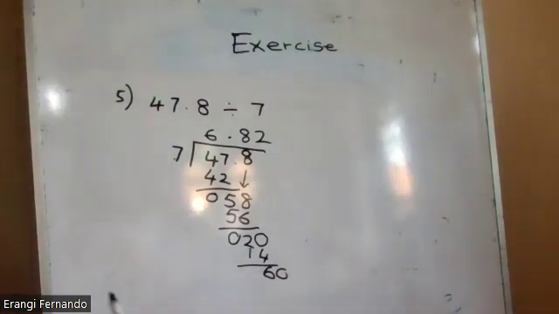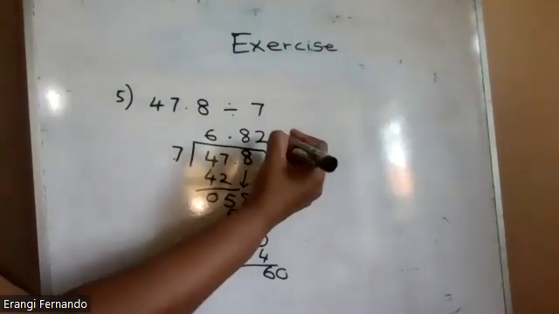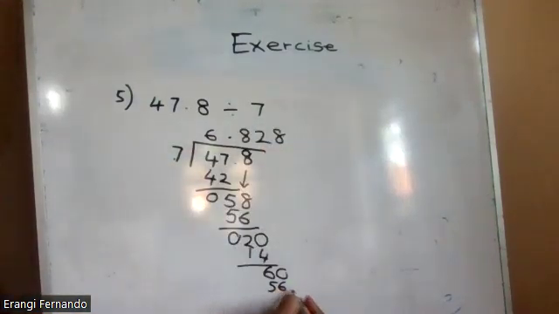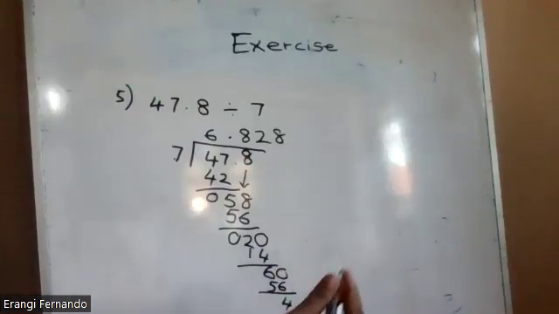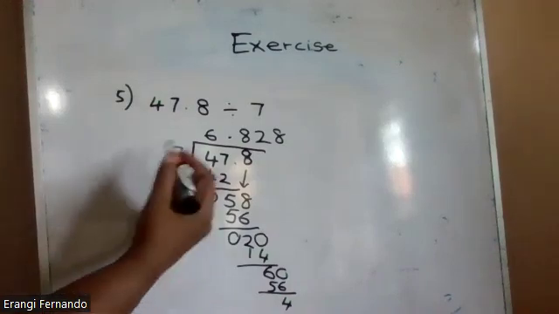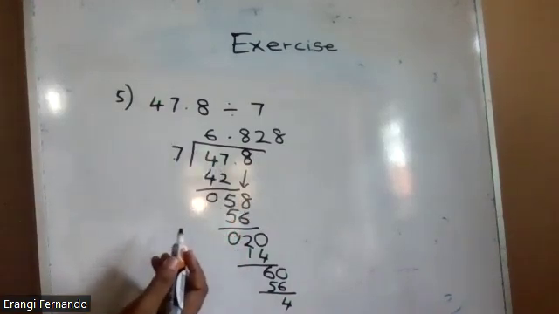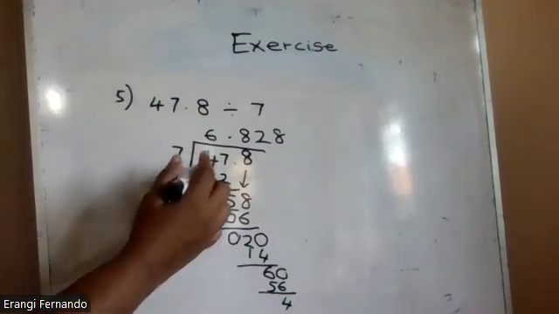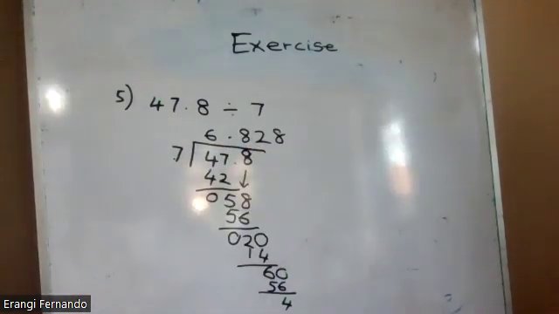For 60, there are 8. 7 times 8, 56. When you subtract, it's 4. So it repeats; the decimal value is repeating. It's a recurring decimal. So we'll keep the answer to 3 decimal places. So we can write the answer as 6.828.